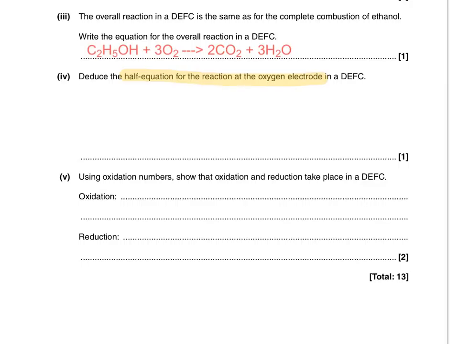So if we write out the information that we've got already, in other words the equation from the top of the page, that's going to be the other half equation to the one we're trying to work out. So what we've got to do is work out how we're going to produce 3 H2Os.